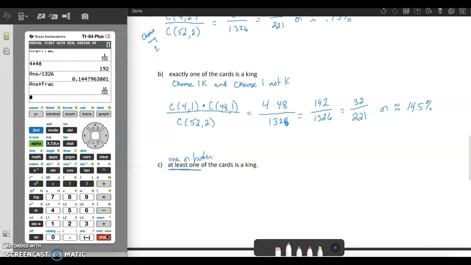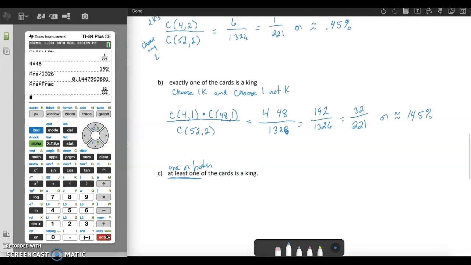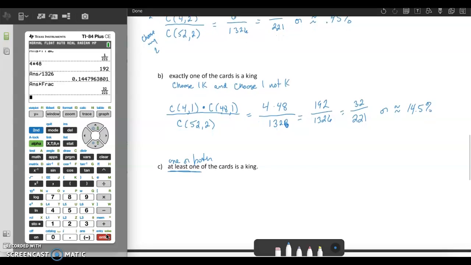So really, what we need to do is just add our probabilities from A and B together. Oh, sorry, actually, go back. That's part B. Choosing 1 is part B, and choosing both kings is part A. So we can choose 1 king or 2 kings. So this is an or.